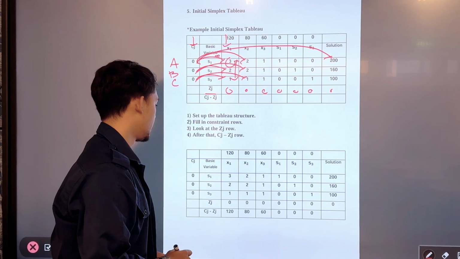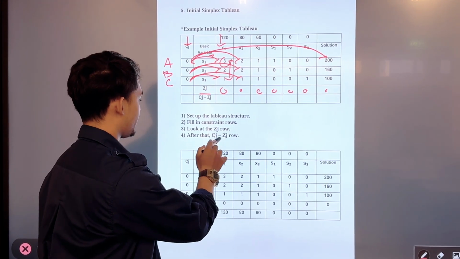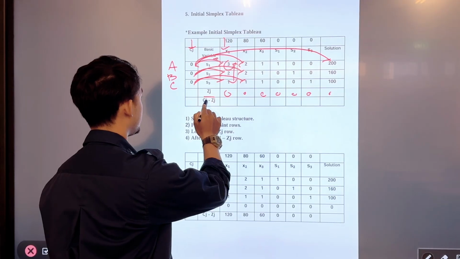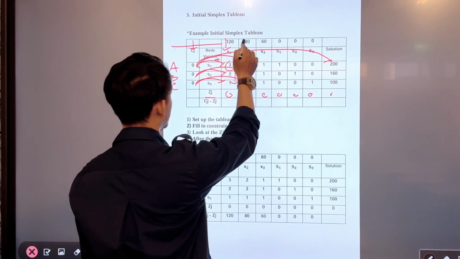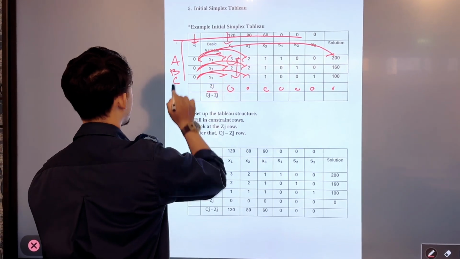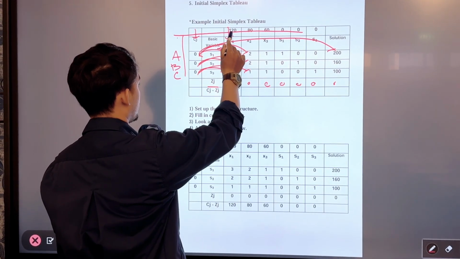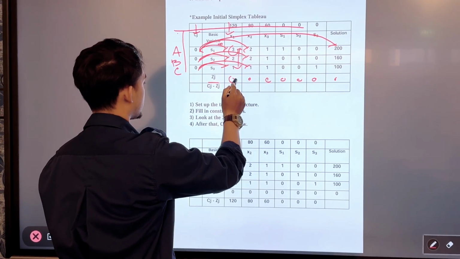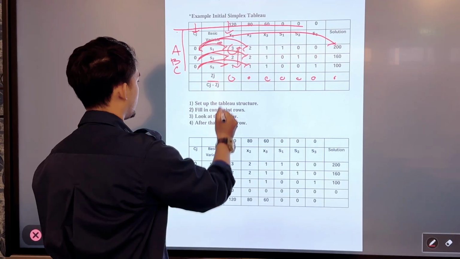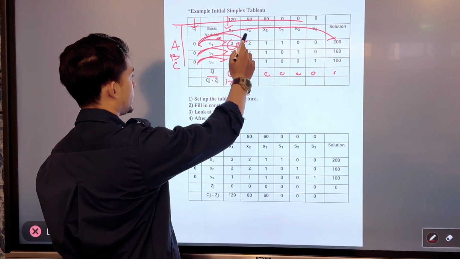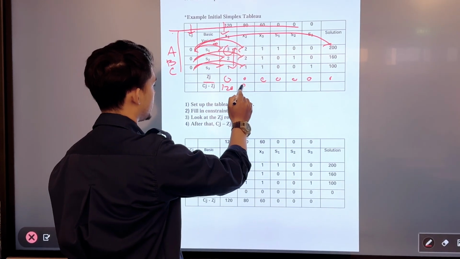Number 4, after that CJ minus ZJ. Column CJ is 120 minus ZJ, which is 120. 18 minus 0, 18.